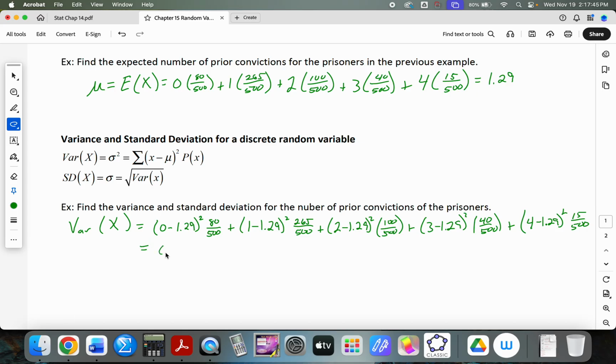This comes out to be 0.6262696. The standard deviation of X is the square root of the variance.